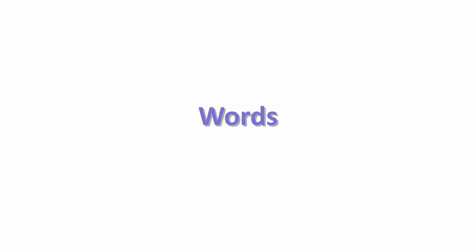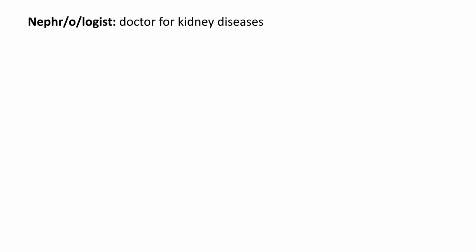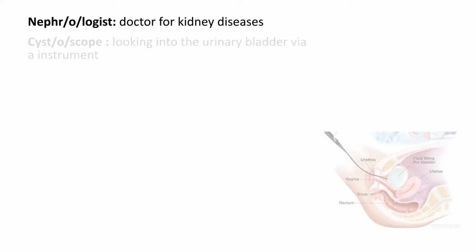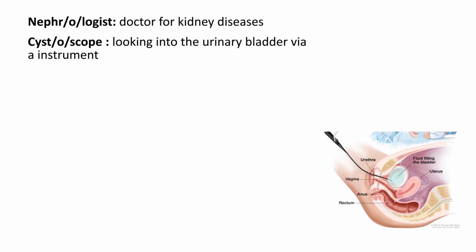There are some more examples of common words of the urinary system and related procedures. Nephrologist, the doctor for kidney diseases. Cystoscope, looking into the urinary bladder via an instrument.